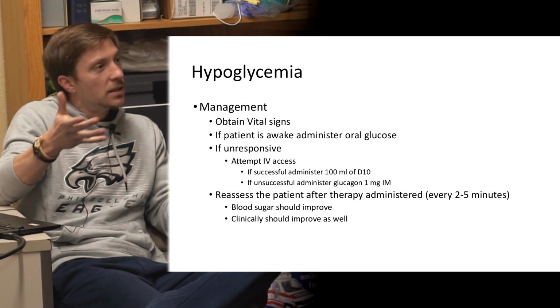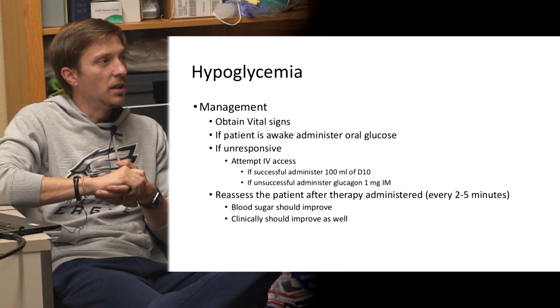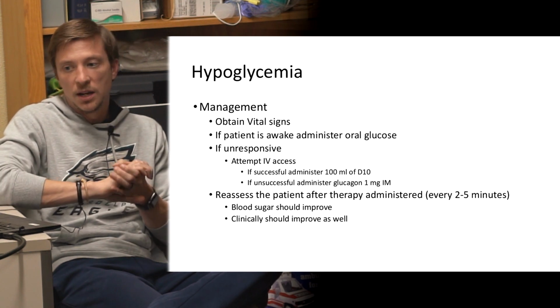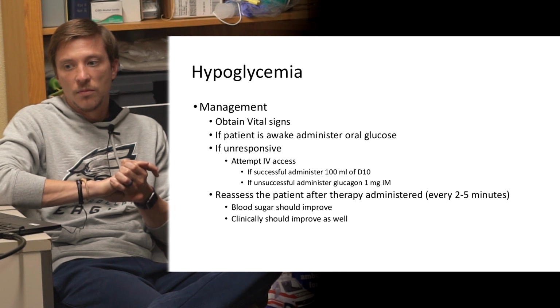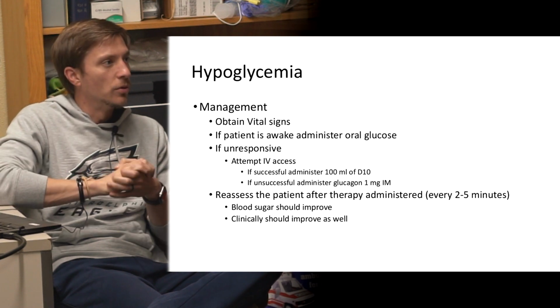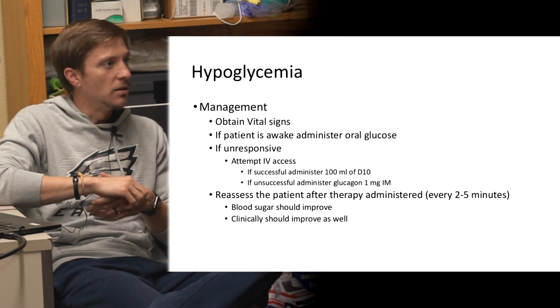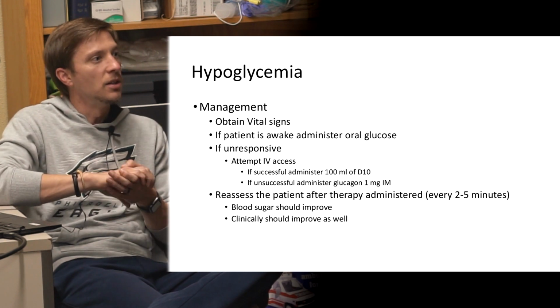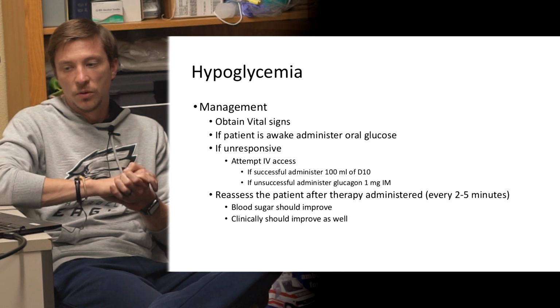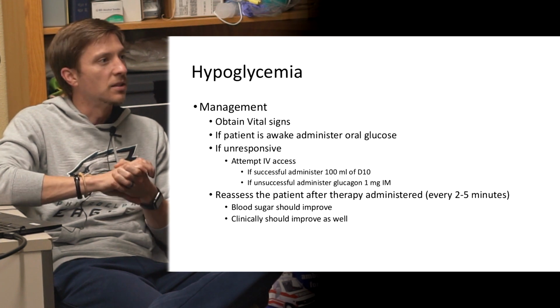In that instance, it's okay to start an IV and do the D10, but obviously try the oral glucose as well, since she's awake and talking, because it takes time for anybody to start an IV. So give them the oral glucose while you're trying to get IV access in that patient.